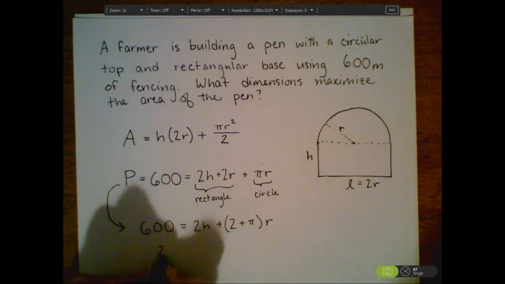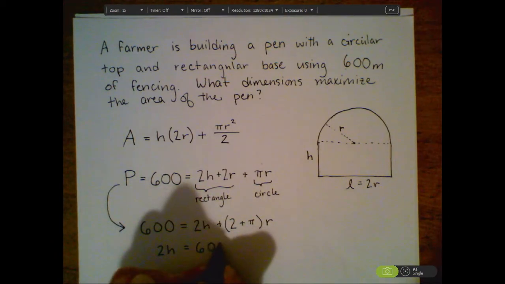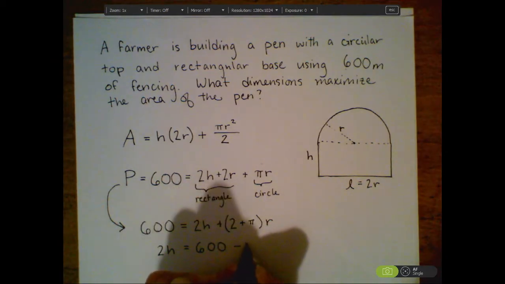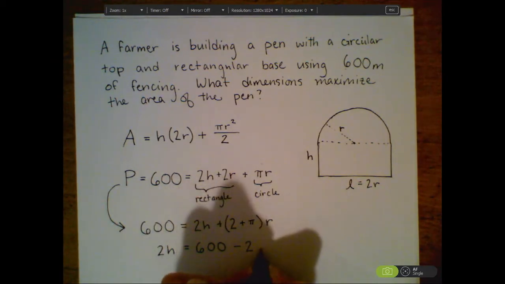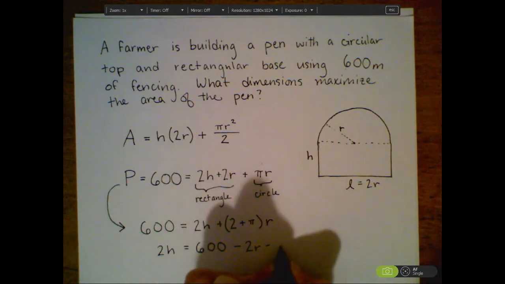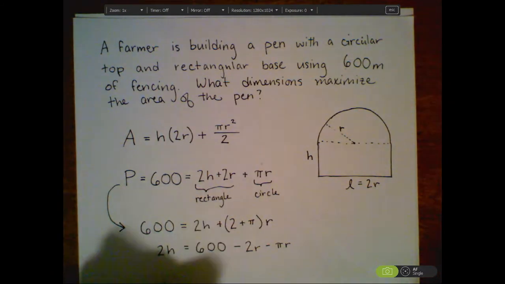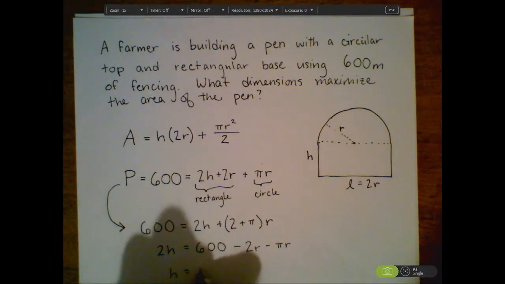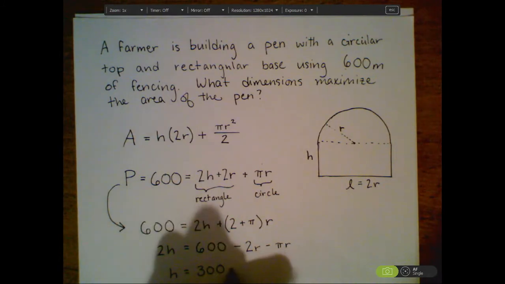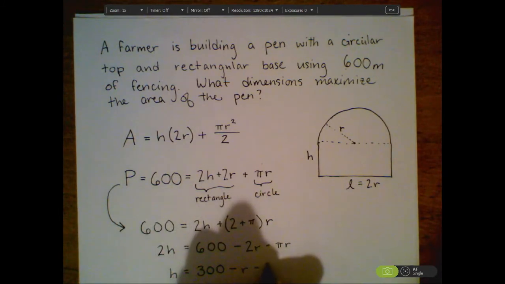And so I have 2h is equal to 600 minus 2r minus pi r. Maybe that's lame. I distributed the negative sign. If this algebra doesn't make sense, don't factor this. Maybe that's an unnecessary step. I'm going to divide everything by 2, and I get h equals 300 minus r minus pi over 2 r.